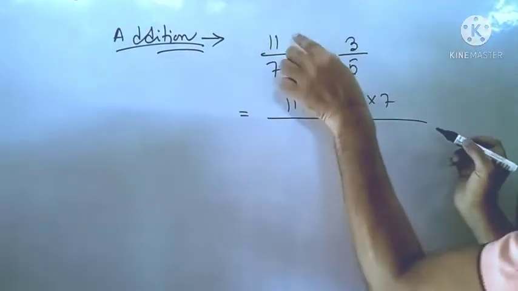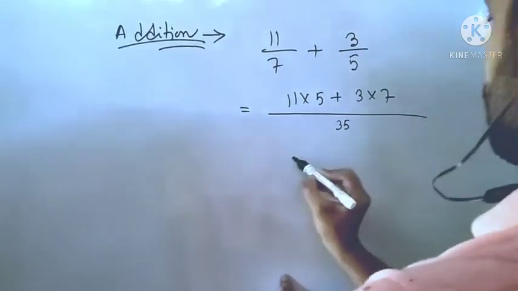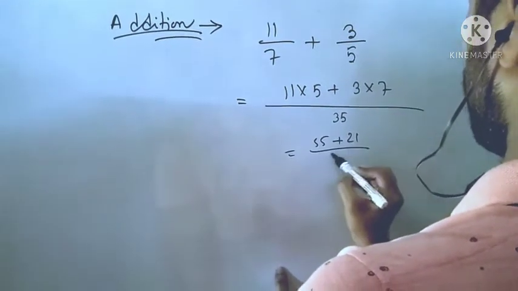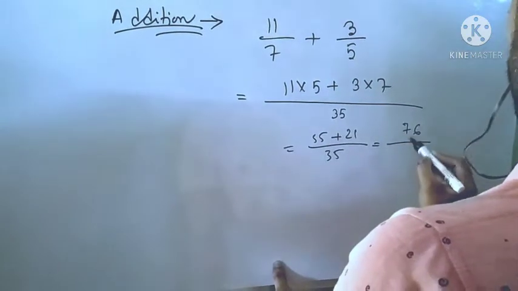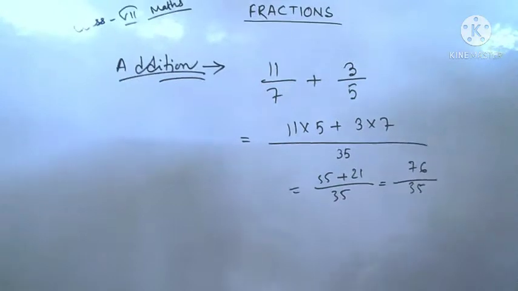After addition we get 55 plus 21 by 35, that is 76 by 35, which will be the answer, okay.